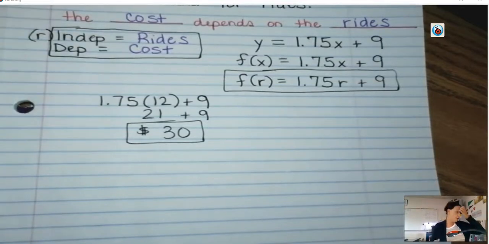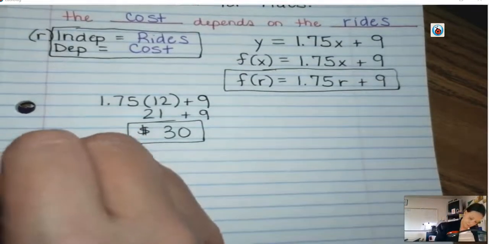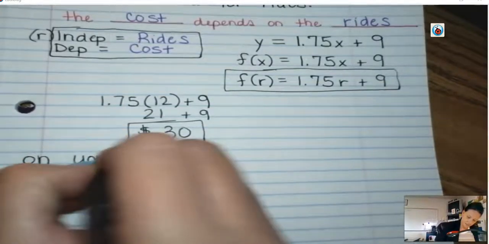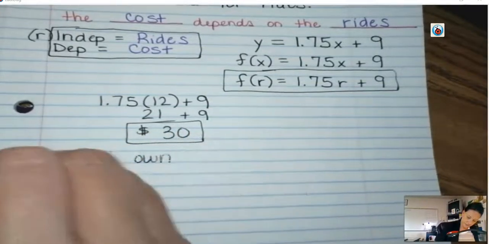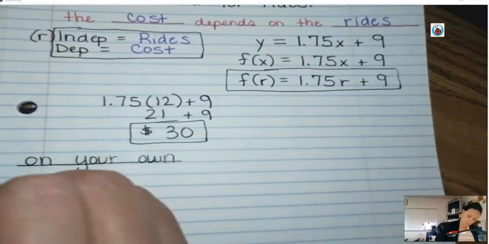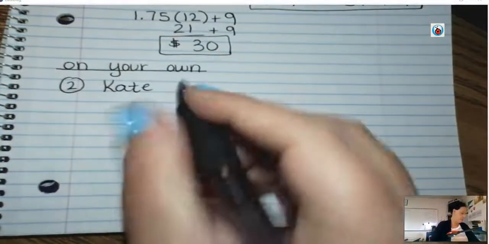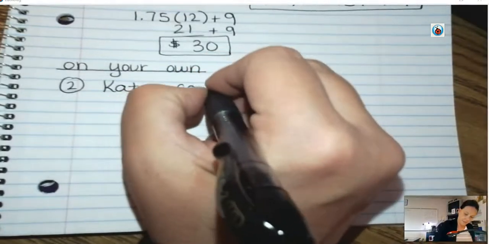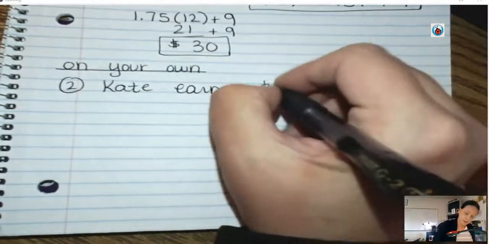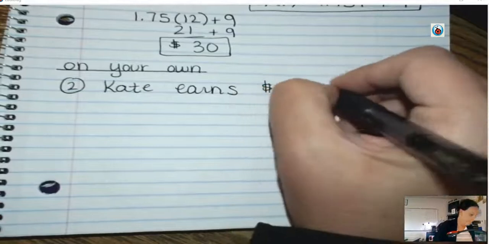Okay, now you're going to try one on your own. Kate earns $7.50 per hour.